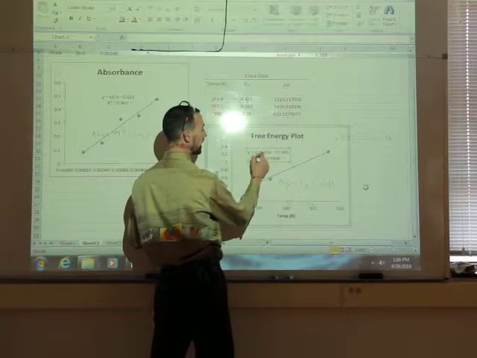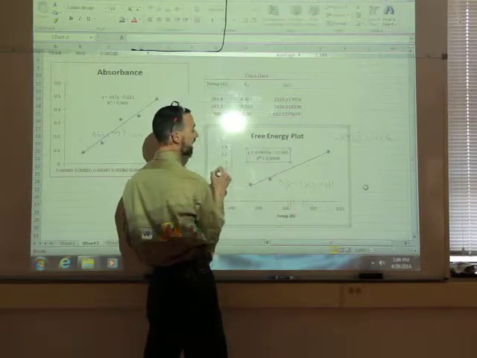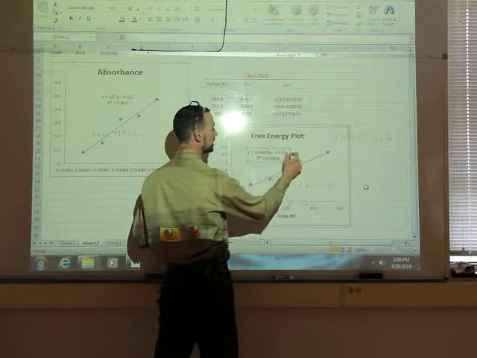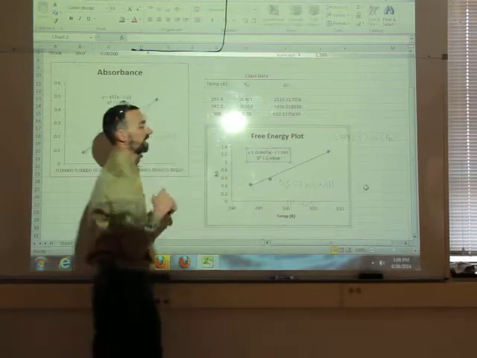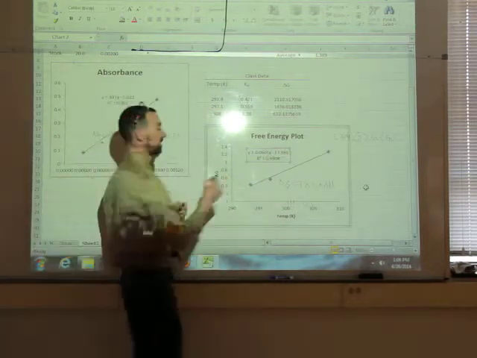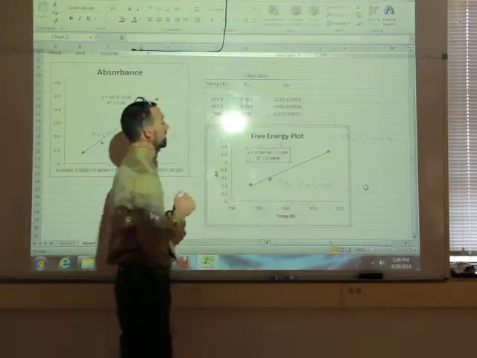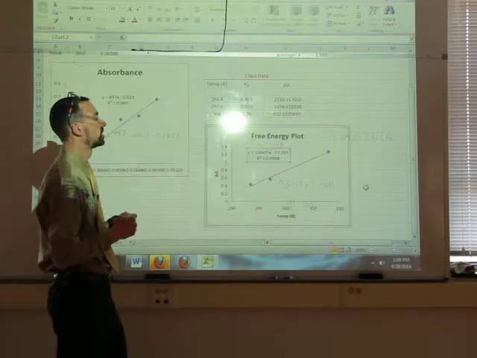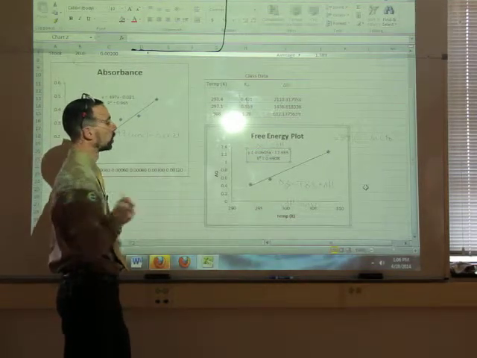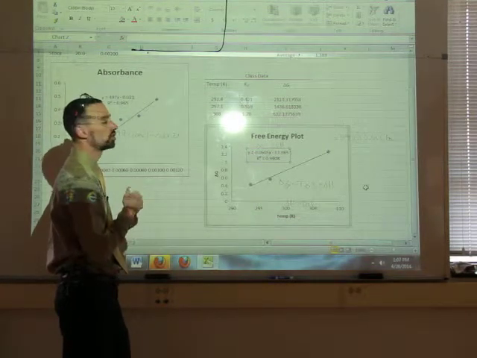So this becomes delta S and this becomes delta H in this data fitting here. Okay. These units should be in joules, since we did all of this in joules.